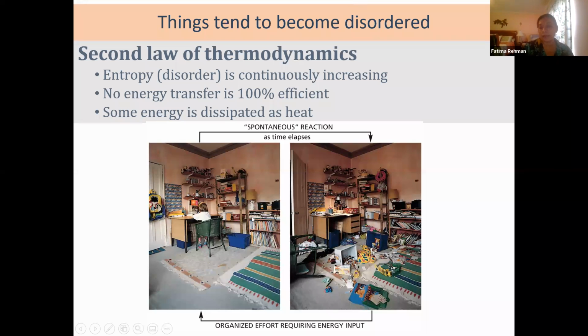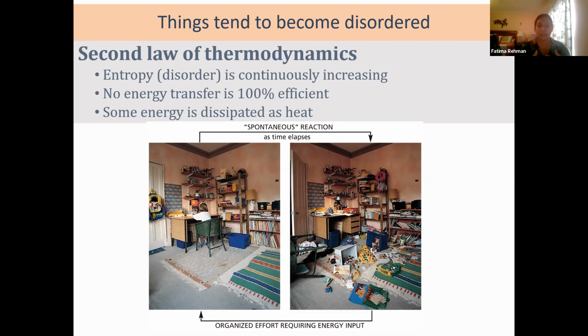I loved the example that they showed: a spontaneous reaction is going to increase disorder and entropy because it involves breaking down of the molecules, basically breaking down those orderly molecules into smaller components. On the other hand, anytime you're trying to organize these systems and build these molecules back up, you're going to require some energy input.